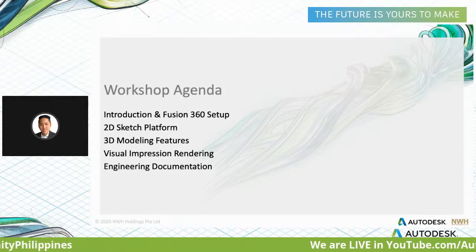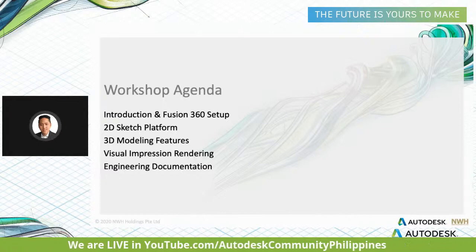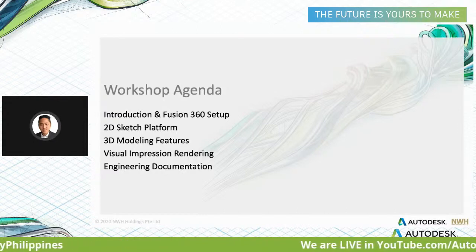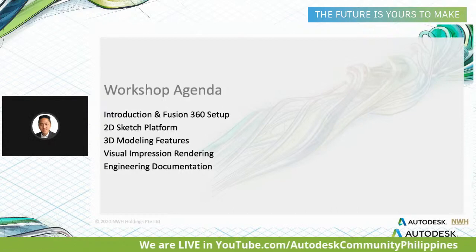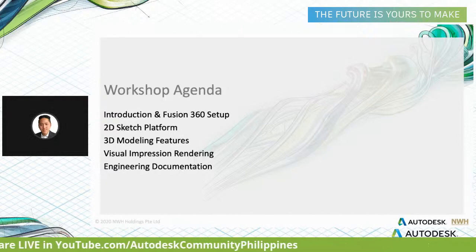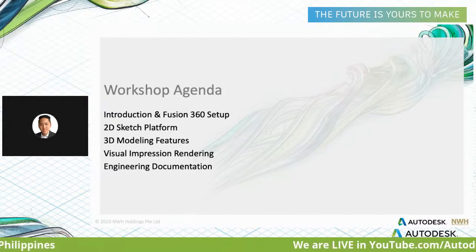You can also do 3D in AutoCAD, but what are the differences between a 2D platform versus a 3D platform? Later, you'll be able to take a look. After the 2D sketch platforms, we will move into 3D modeling features and the 3D modeling space, followed by closing out with visual impression rendering and preparing you for engineering documentation.